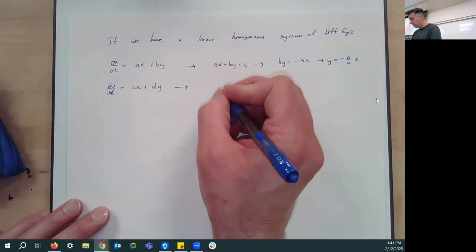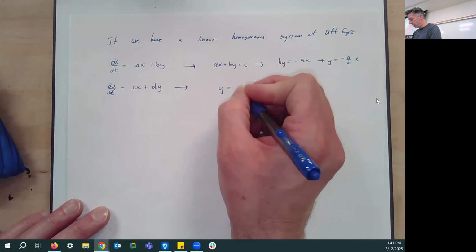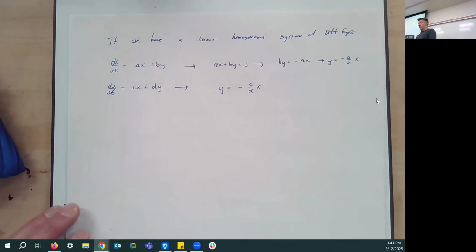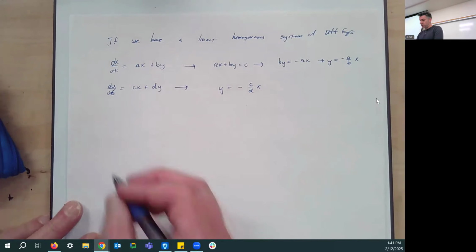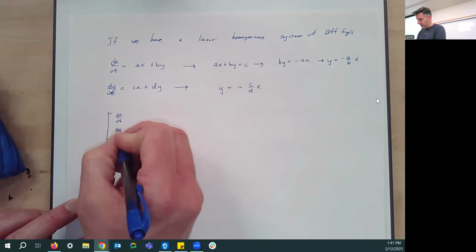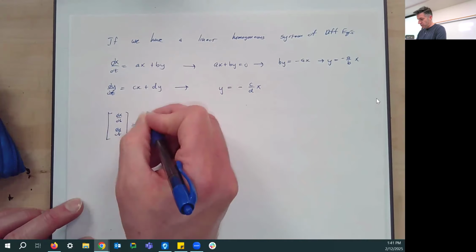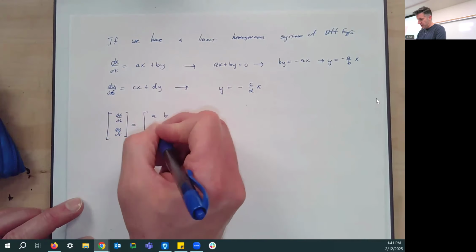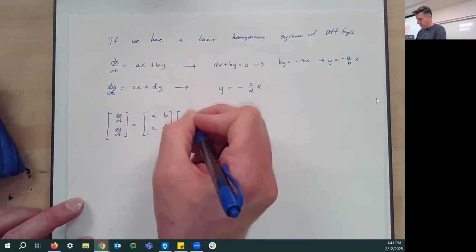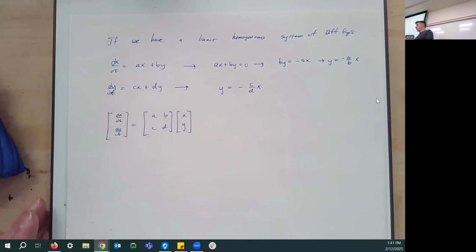You're going to get y equal to negative c over d times x. So when your system is like this, where the derivative of x, derivative of y as a vector is equal to the 2 by 2 matrix A, B, C, D times the solution vector xy, then yeah, everything goes to the origin.